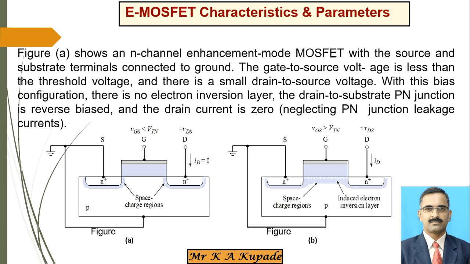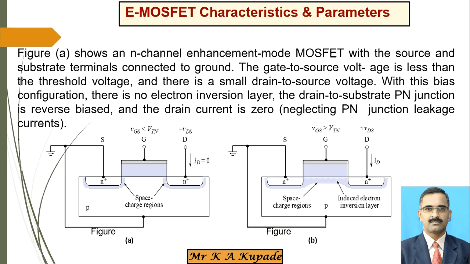The voltage: when the gate to source voltage is less than the threshold voltage, and there is a small drain to source voltage. Okay, with this bias configuration there is no electron inversion layer produced in that region, right?